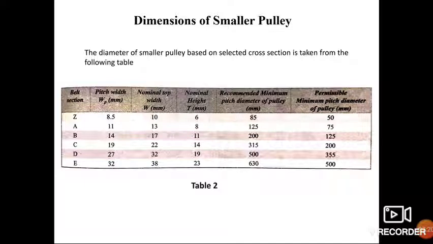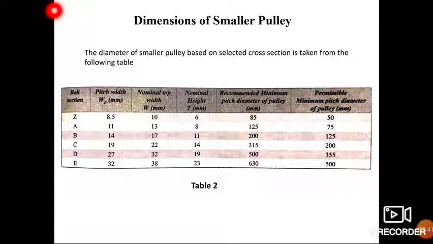Next thing is the dimension of the smaller pulley. Here in this table you will see the belt sections Z, A, B, C, D, E. In the earlier table there wasn't a Z cross section belt, it was A, B, C, D, E only, that is for general purpose application. Z is for the smaller application.